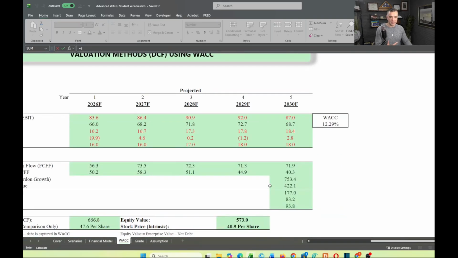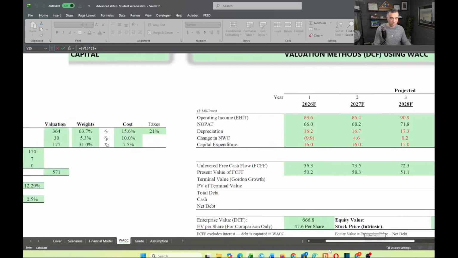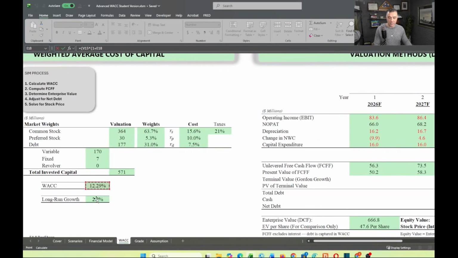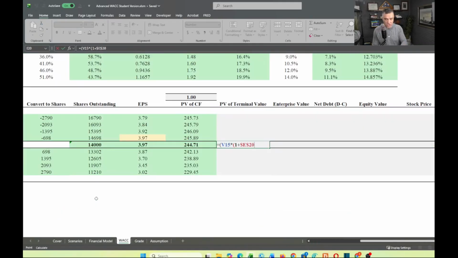We did this the first time. I have to know the cash flow of the next year. So I'm going to take the 5th year, because we don't have the 6th year, and I'm going to multiply that times 1 plus the growth rate of 2.5%. So that's going to be our 5th year. I'm going to hit Function F4. I'm going to close that up.